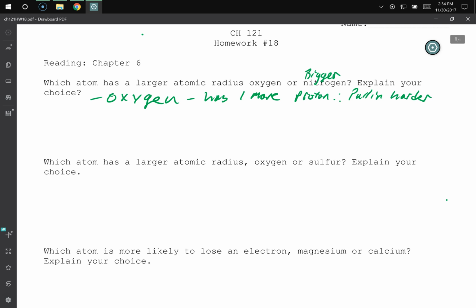You're going the wrong way. So even though the oxygen has one more electron, tell me about it. I know. We already said that. You're trying to tell me why it's closer to the nucleus.